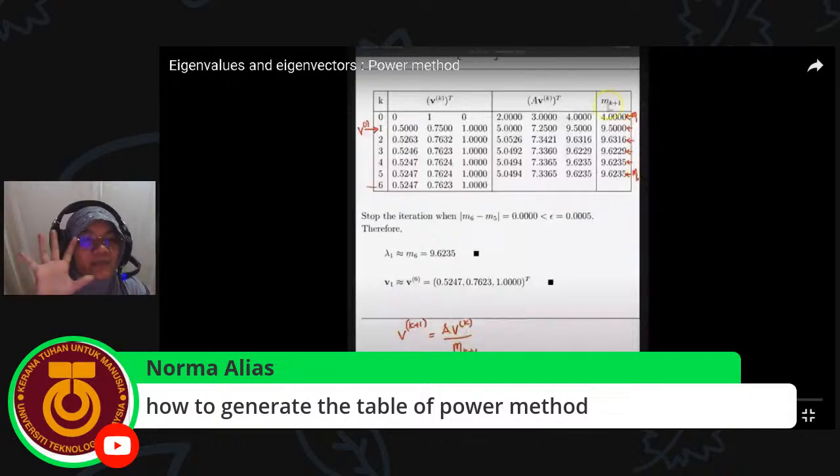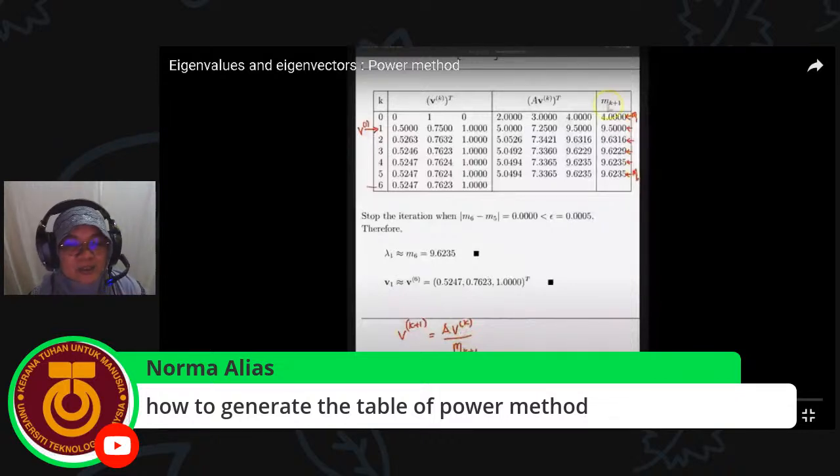How many times? 5 iterations to find the dominant M(k+1), or eigenvalue. And then can you find the eigenvector associated with lambda 1 by controlling M(k+1) minus M(k)? In our case, k is 6. So this is my question.